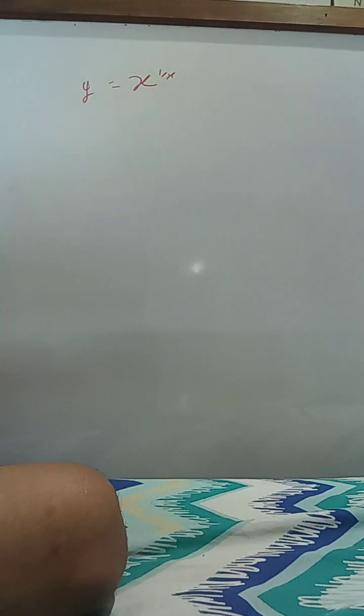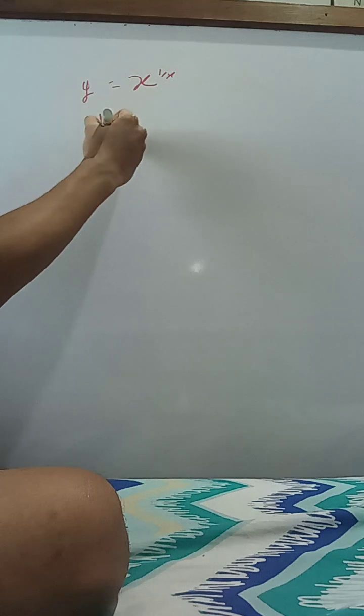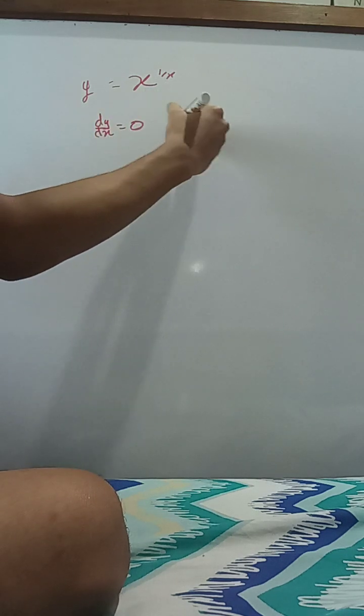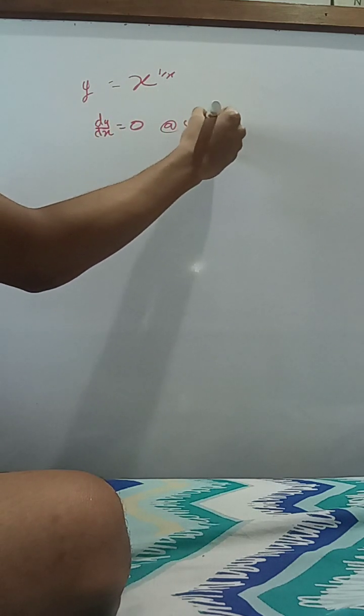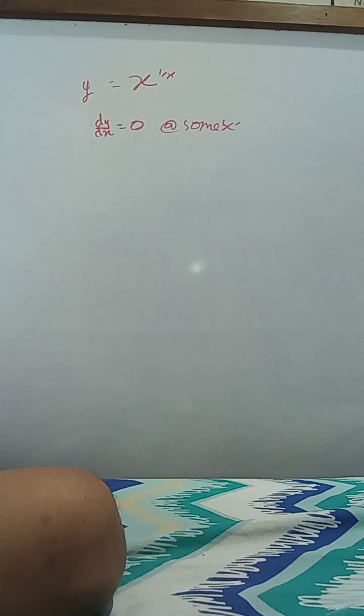Now the graph will be something, I don't know how, but all I know is dy by dx will be 0 at some x, and that x will give the maximum output.